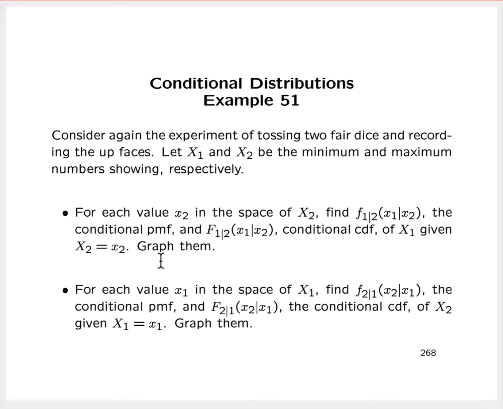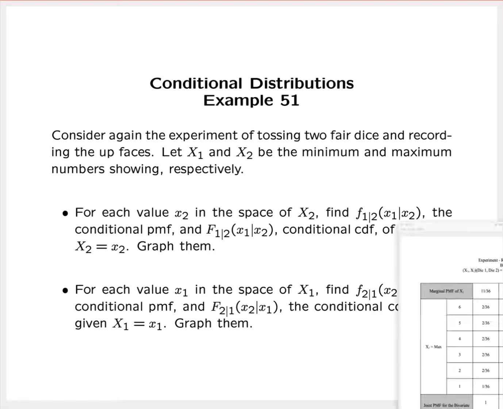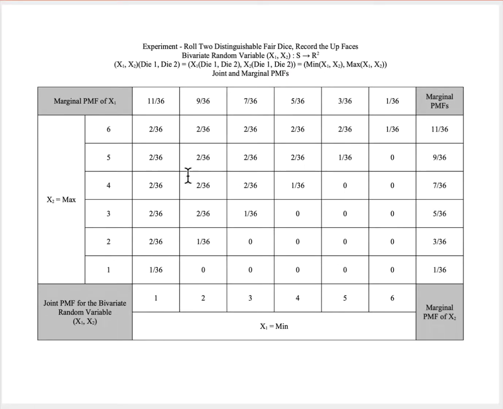Okay, so that's what we're going to do to find the conditional PMF of x1 given x2. Now, we can see how we do this. Again, we've got the values of the joint PMF inside the body of the table. And in order to find the conditional PMF of x1 given x2, we're going to be conditioning on the value taken on by x2. x2 can take on the 6 values 1 through 6.